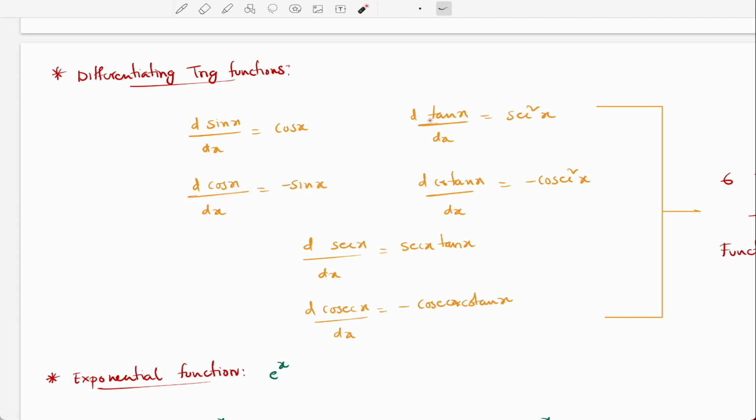After that we have the derivative of tan x, which is secant square x, and the derivative of cotan x, which is equal to minus cosecant square x, and the derivative of secant x, which is equal to secant x tan x, and the derivative of cosecant x, which is equal to minus cosecant x cotan x. I just wanted you to explore it on your own. Please watch a video on how we find the derivative of those.